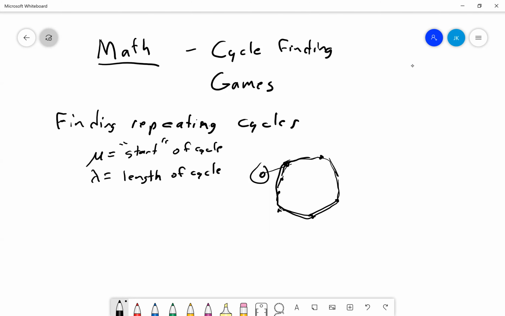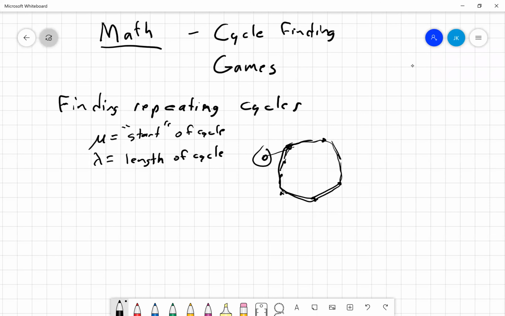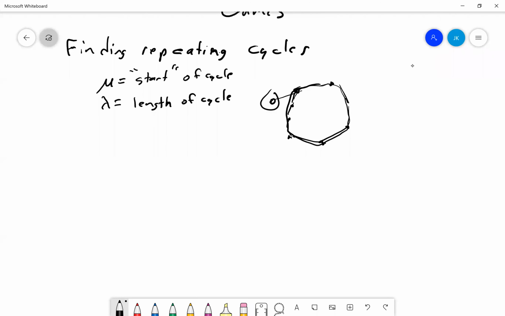Now, cycle finding, if you have a graph or something like that, this might not seem like a very difficult problem. The types of problems where this comes up, and it's a little bit trickier to think about, are when each of these points in a cycle is something that gets generated through a process, and you want to figure out, wait a minute, do I have a process where I've gone back to where I started at the beginning?